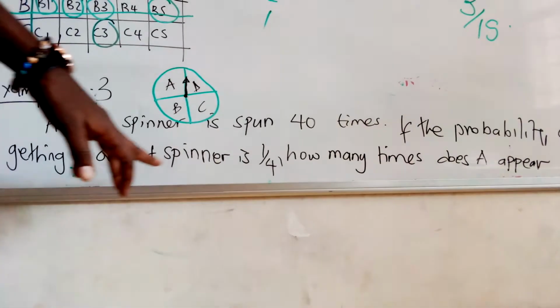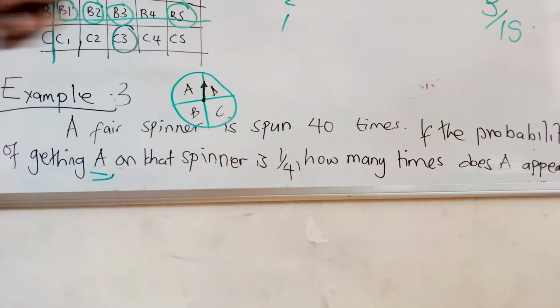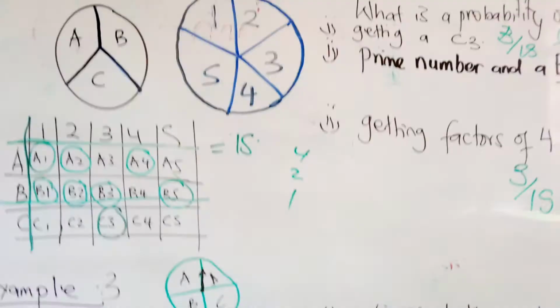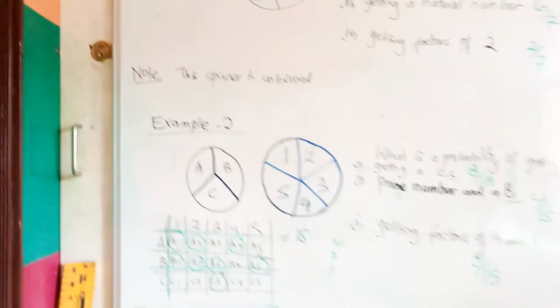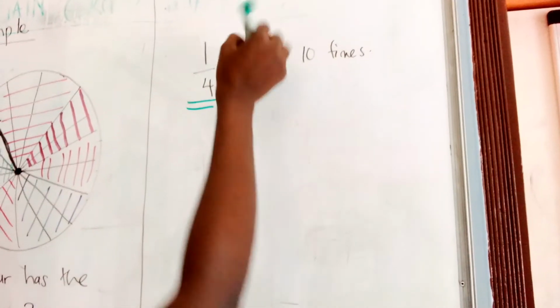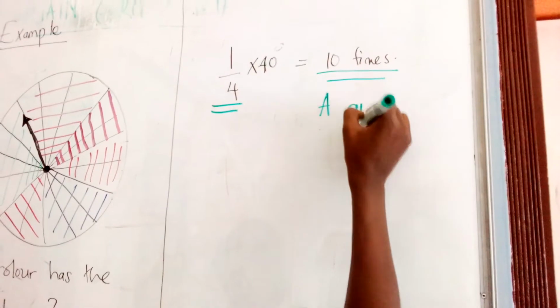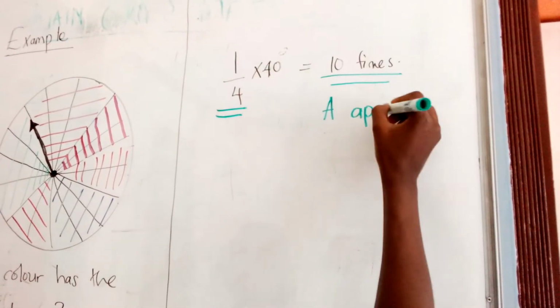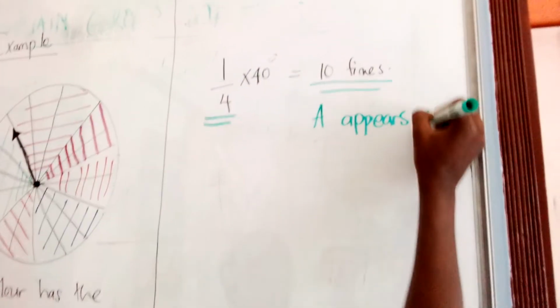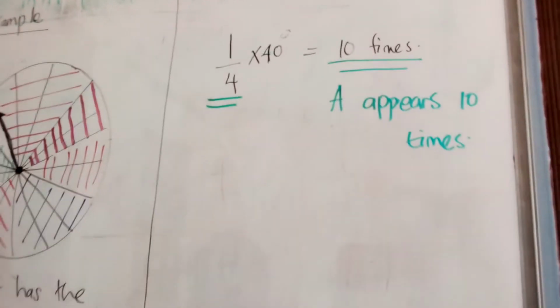Here we just get the probability of getting that event, multiply it by the number of times it is spun, and then we get how many times it appears. For example, if the probability of getting A is a quarter, then the number of times it has been spun is 40. If we multiply, we see that A appears 10 times, because they all have equal chances.